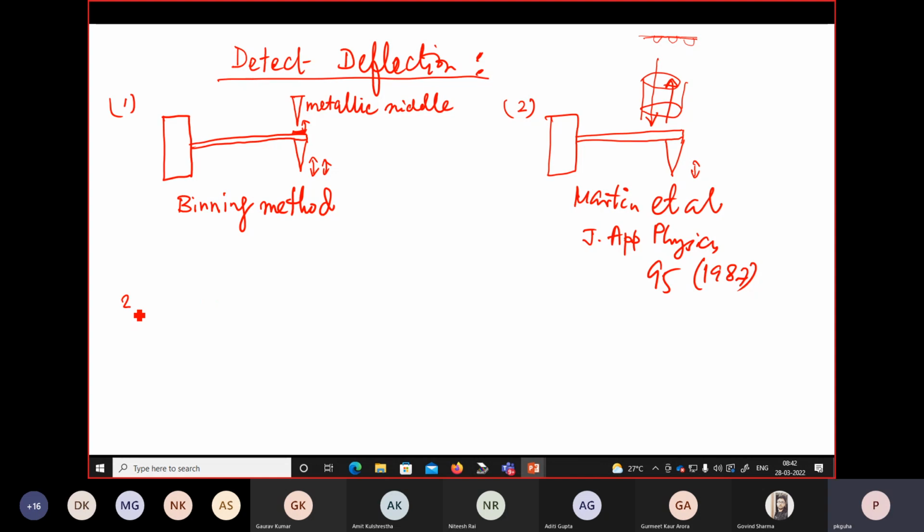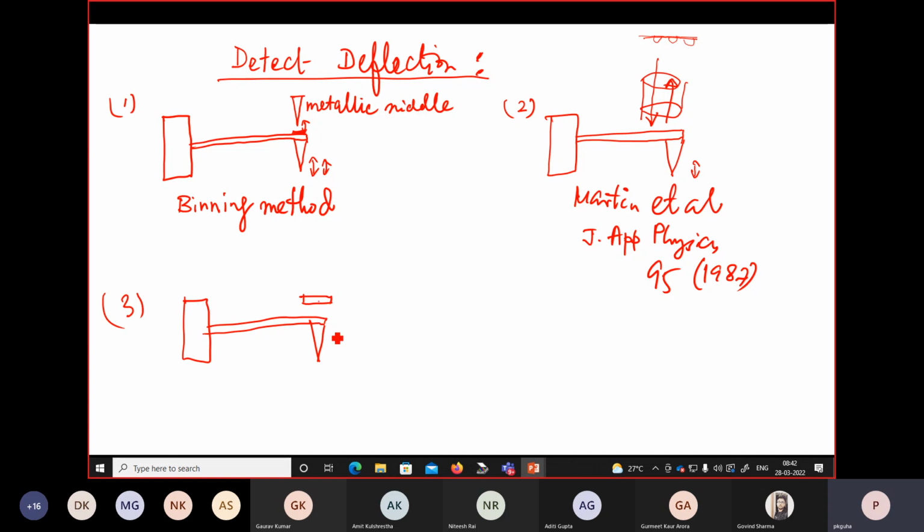For example, people use varying capacitance, how the capacitance is going to change. This is the cantilever probe, and there is a metal here.